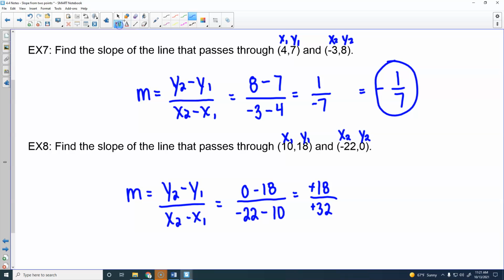I think we're going to have to do 2. When in doubt, just do 2, and then you can reduce it again if you still need to, right? So you would get 9 over 16. Yeah, that won't reduce any further. 3 doesn't go in 16. So you just have to leave it 9 over 16.